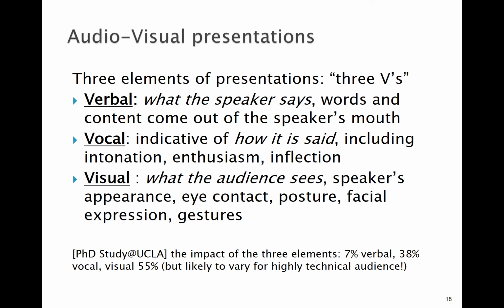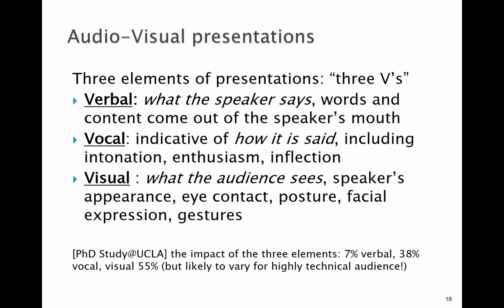Vocal, indicative of how it is said, including intonation, enthusiasm, inflection. That's the second V. And the third V is visual. What the audience sees: speaker's appearance, eye contact, posture, facial expression, and gestures.